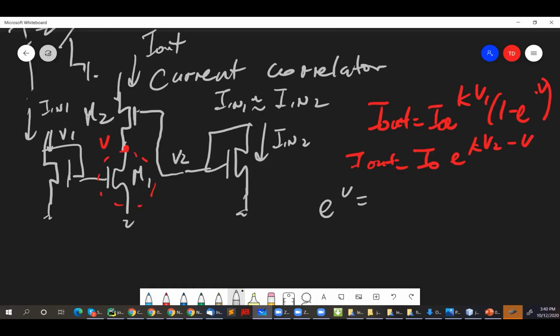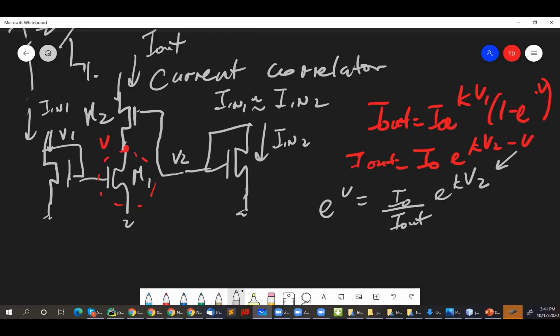So I naught V, put that over here. So e^(kappa V2), is that correct? Yeah, that's correct. Then I take the second equation here and solve for e^V.